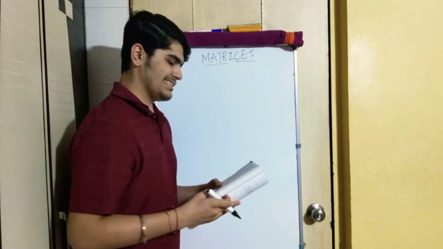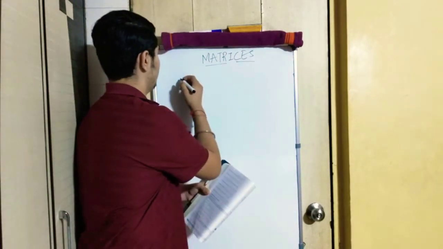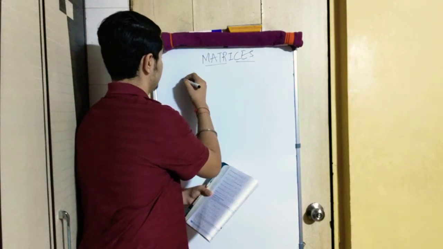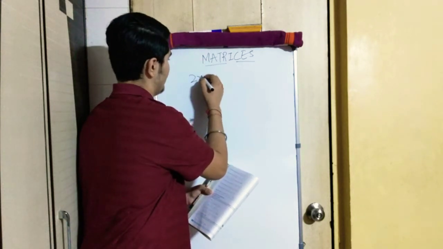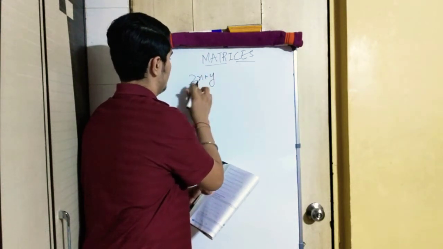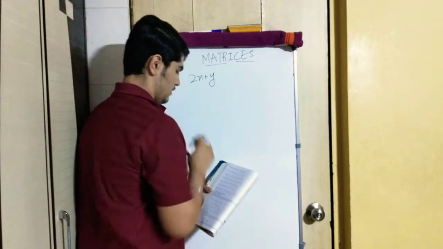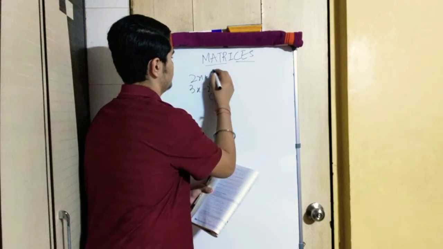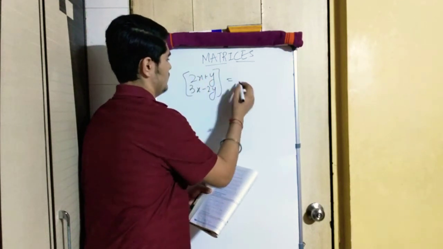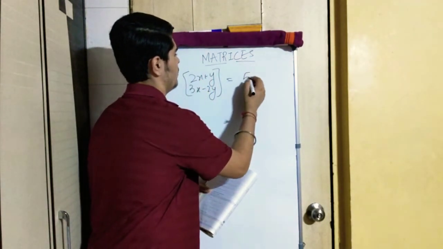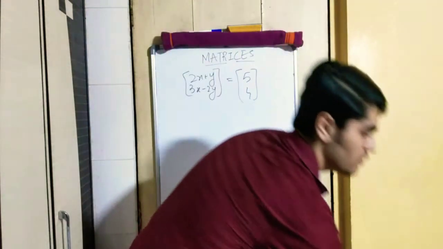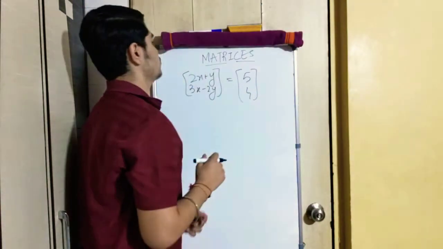Find the value of x and y if the given matrix, 2x plus y and 3x minus 2y, is equal to 5 and 4. This is the question. So how to solve this?